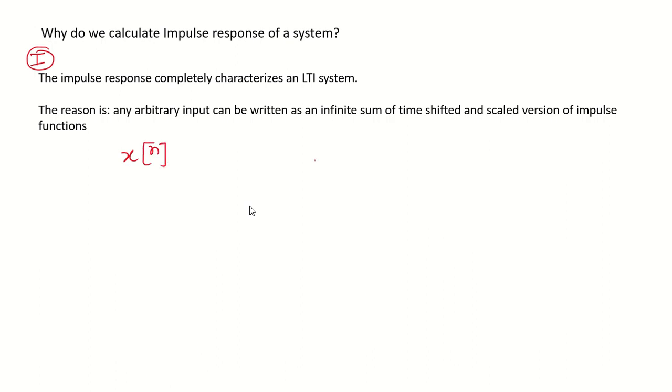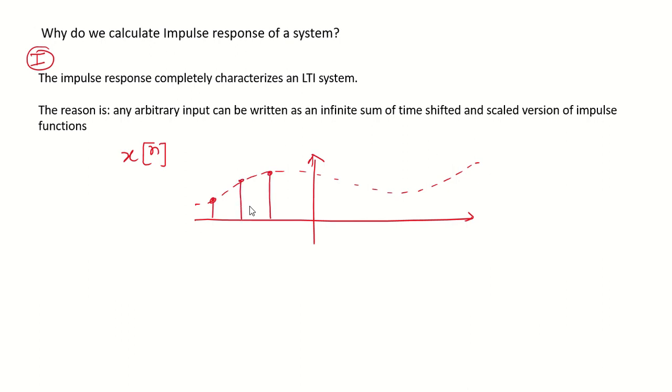Let me draw it graphically to represent this x of n. Suppose this is the continuous version of this x of n, and we have taken different samples to convert this into a discrete signal. It is defined from minus infinity to plus infinity.